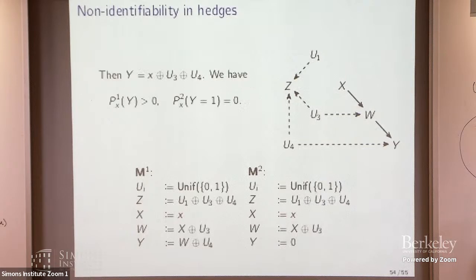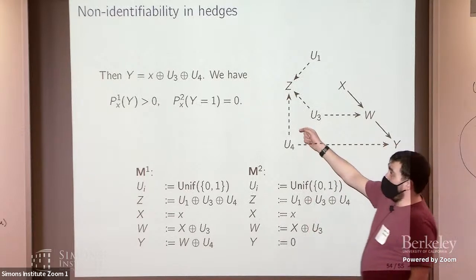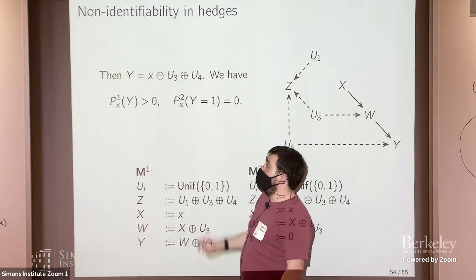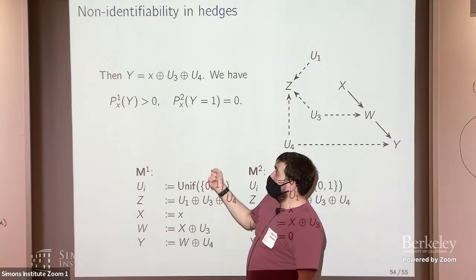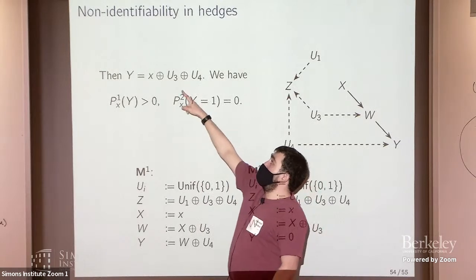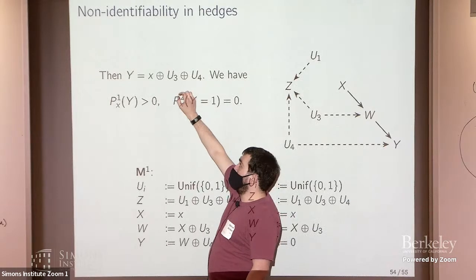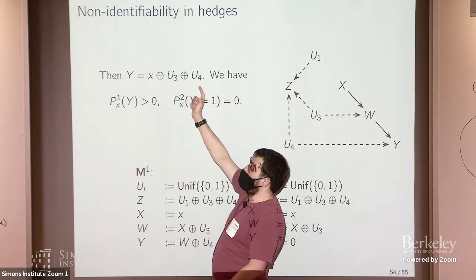But in model 1, y is now set to w plus u4, which when we expand back out is equal to x plus u3 plus u4. And now no matter what value of x we choose, there's some probability that this expression is not equal to 0.